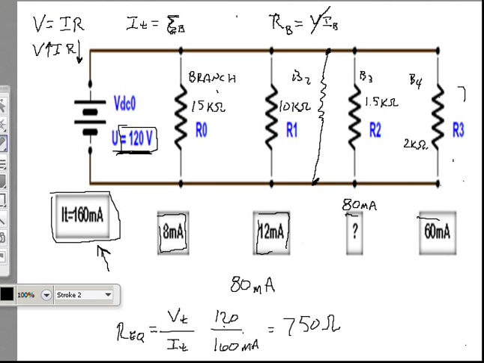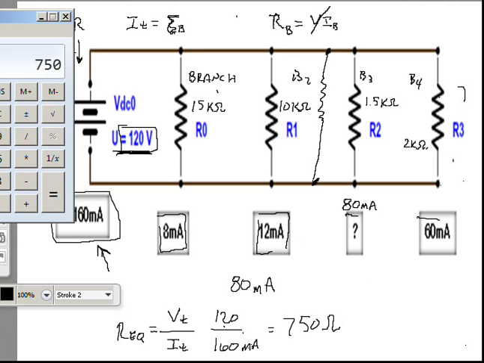Now we're going to go ahead and do the conductance method. So I'm going to calculate the total conductance of the circuit, which is going to equal 1 over 15,000, plus 1 over 10,000, plus 1 over 1,500, plus 1 over 2,000, equals 0.0013333333.